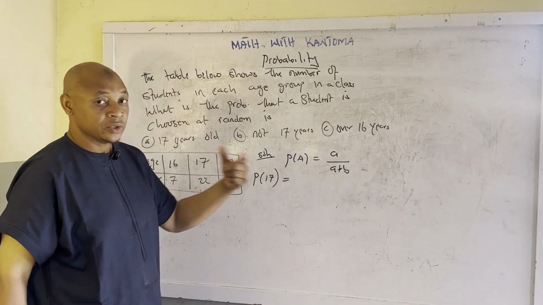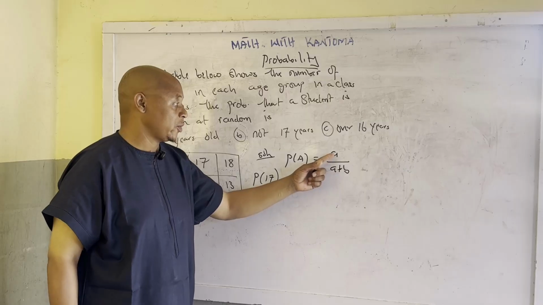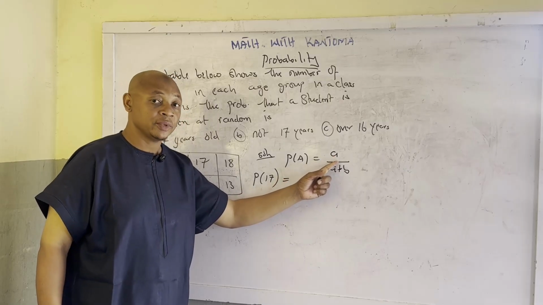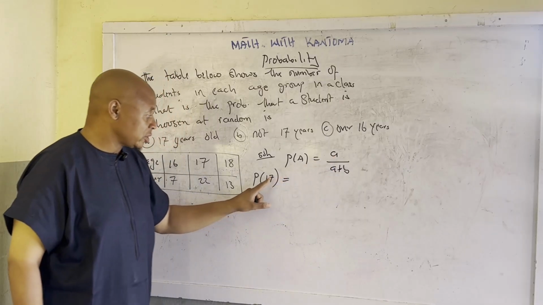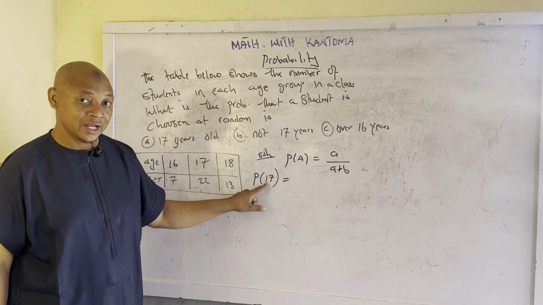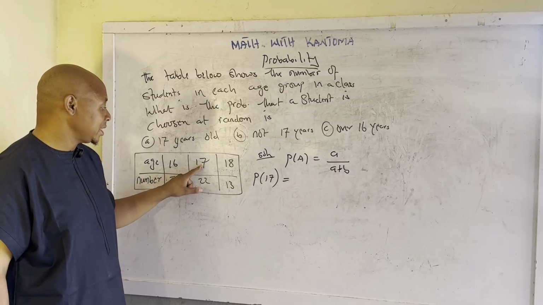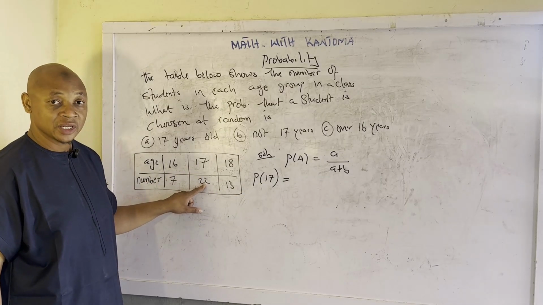Now, applying the concept of classical probability here, the number of possible outcomes for the event 17: the number of students that are 17 years old is 22.